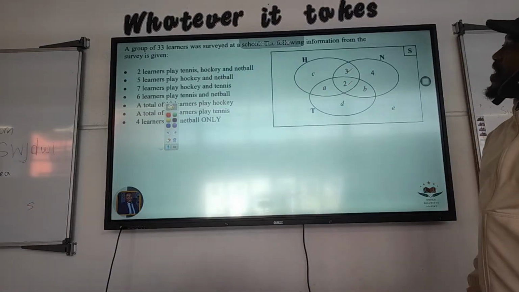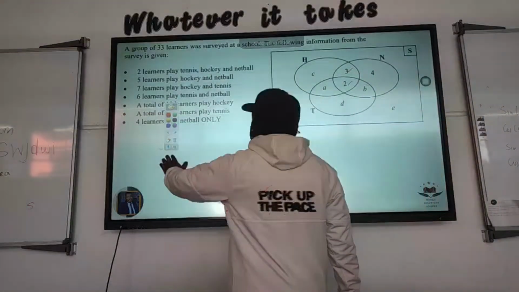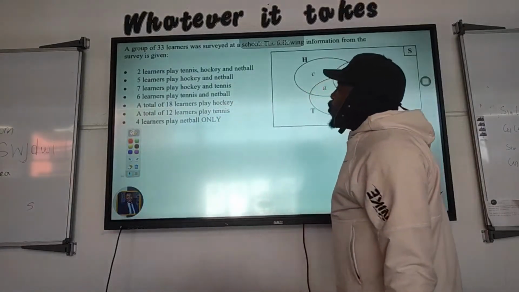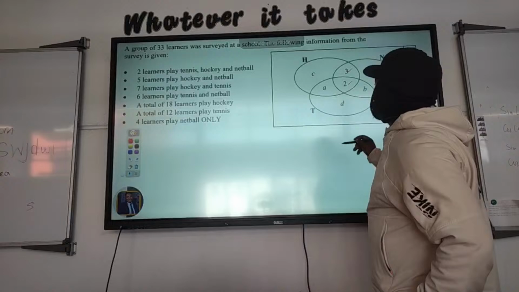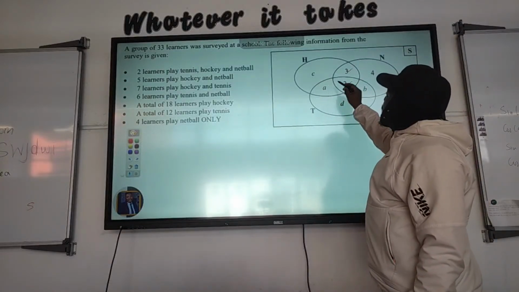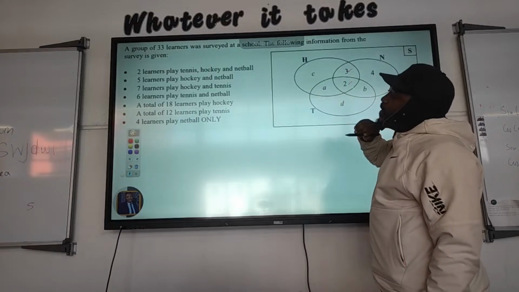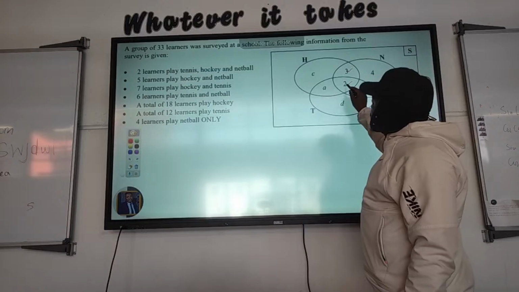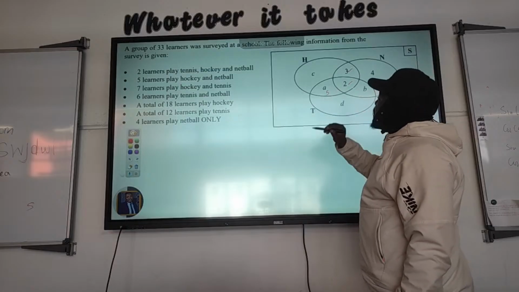And then we have 7 learners that play hockey and tennis. So we're going to have 7 minus 2, because they didn't say only, which simply gives us 5.